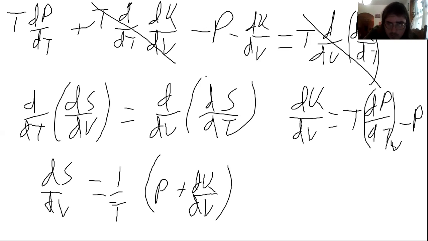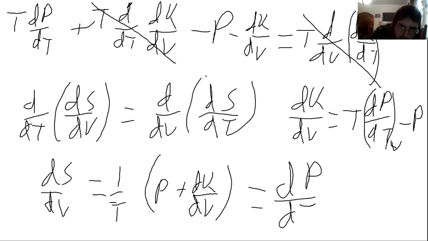So plugging that in for du dv, p's cancel out. The t's will cancel out. So we have ds dv is just simply dp dt at a constant v.